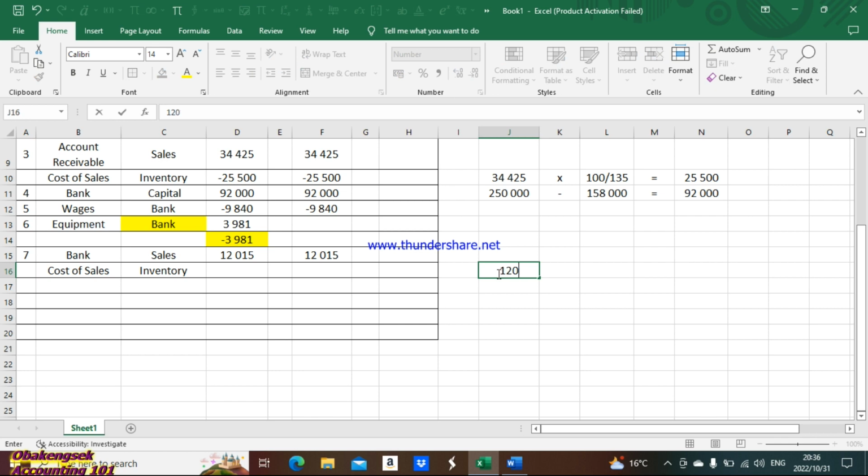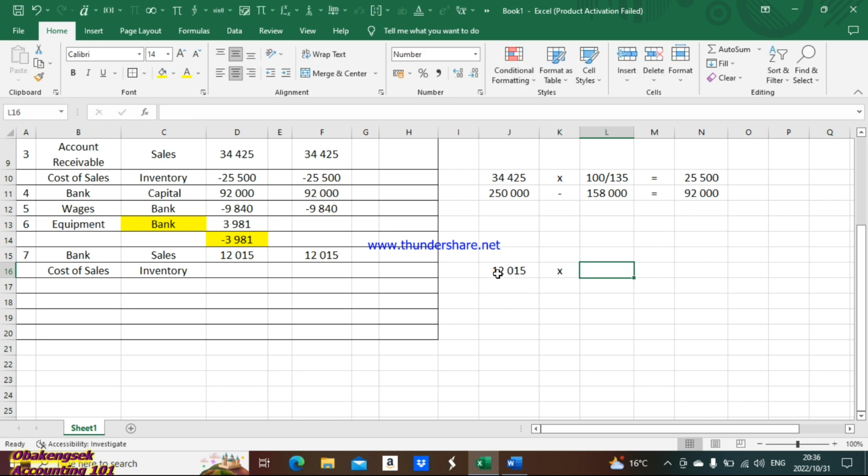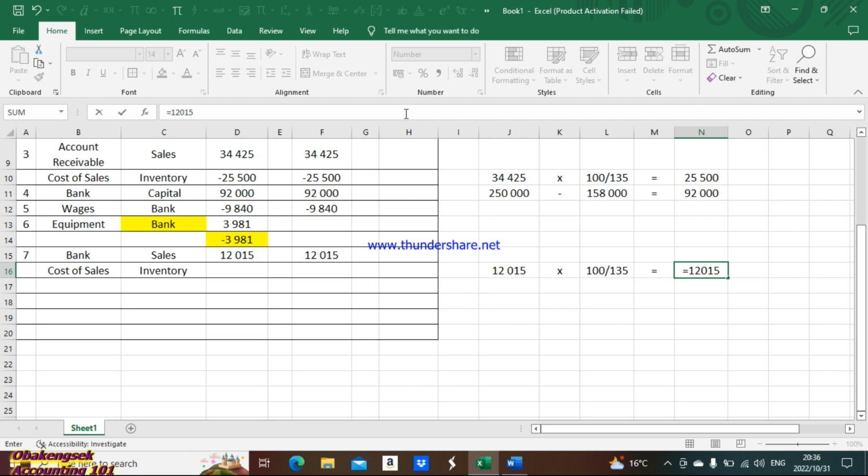We have 12,015 multiplied by 100 divided by 135.